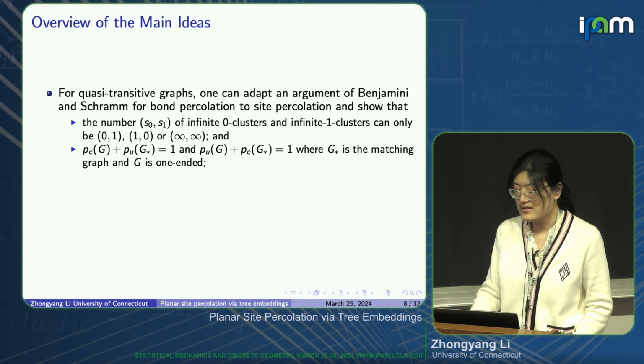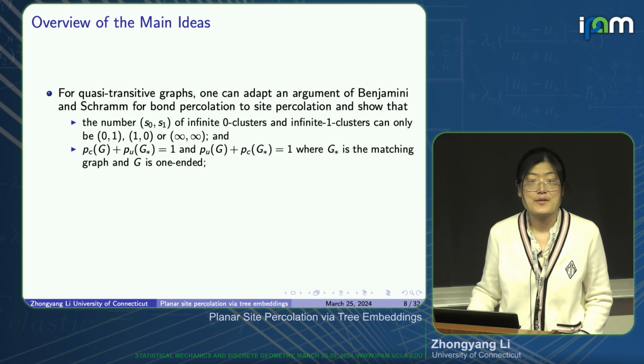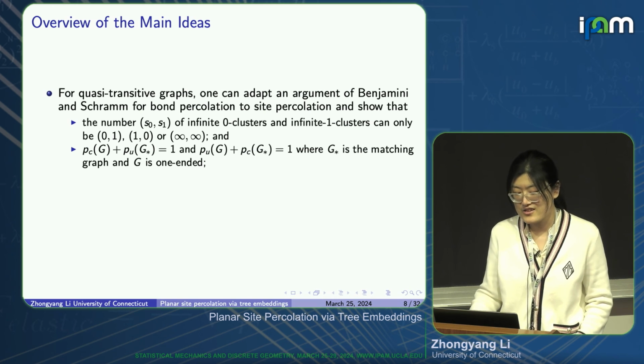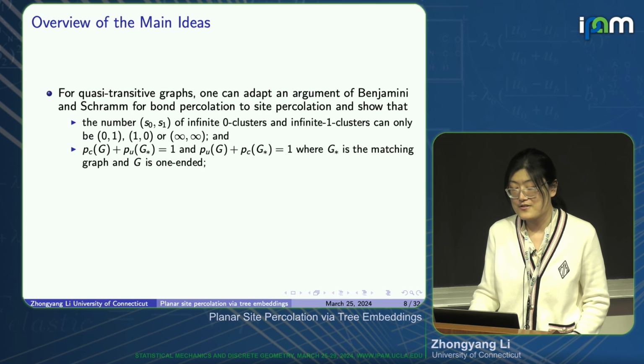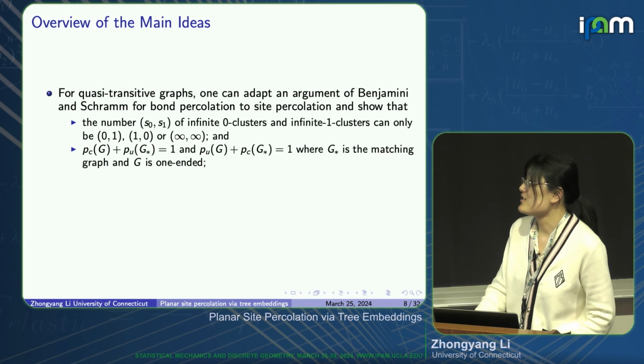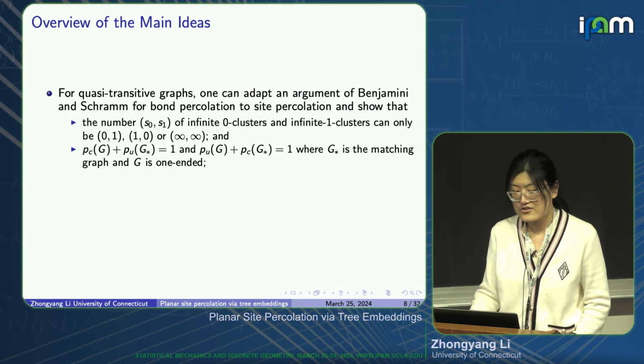And then we can show that PC of G plus PU of G star is equal to 1. So G star is the matching graph of G. The matching graph G star contains G as a subgraph. So the vertex set of G star is exactly the same as the vertex set of G, but two vertices in G star are joined by an edge if and only if they share a face.